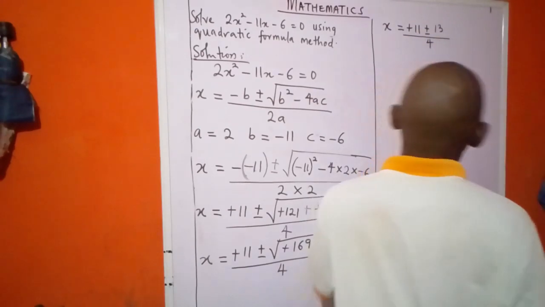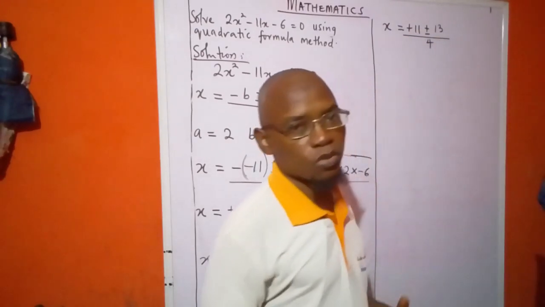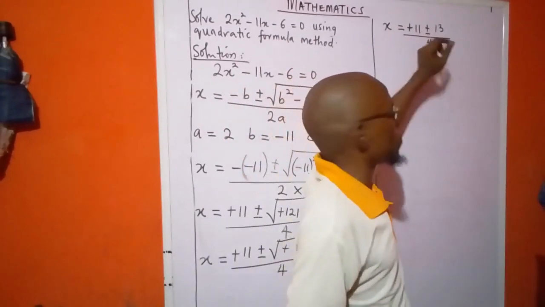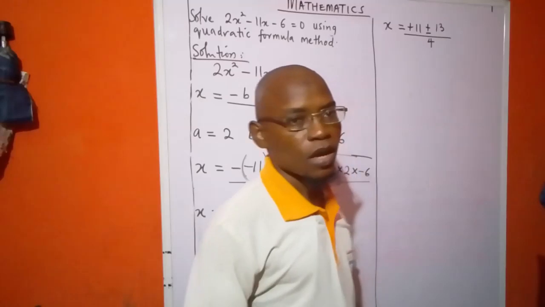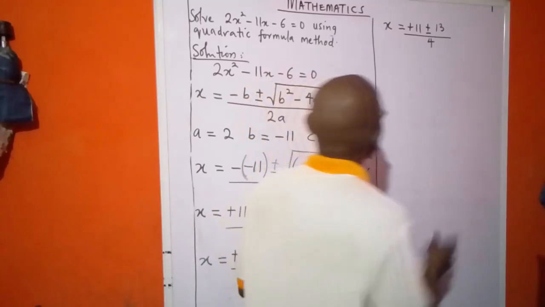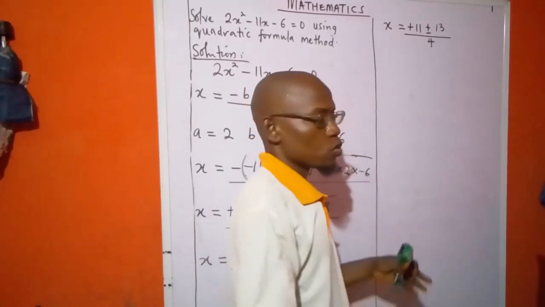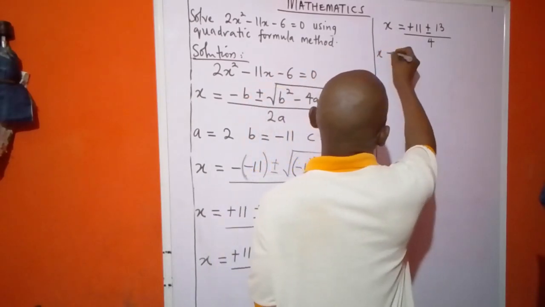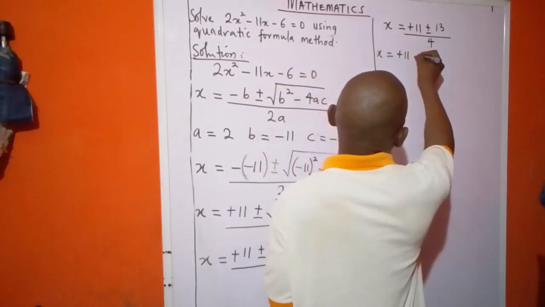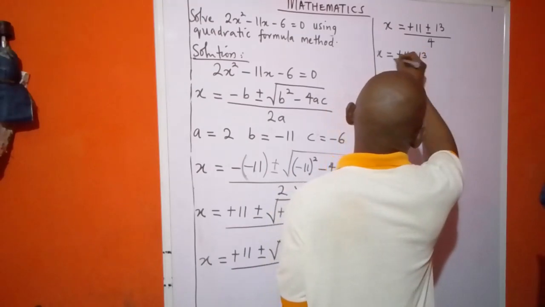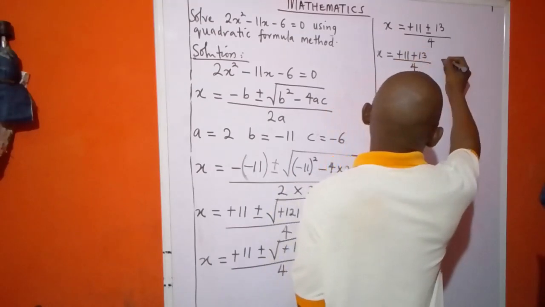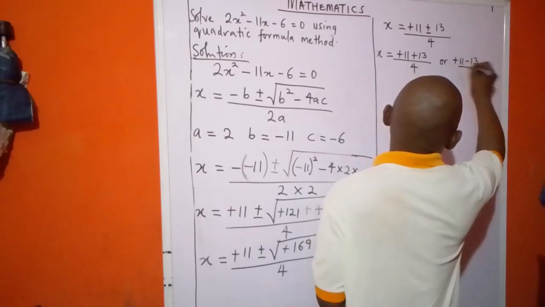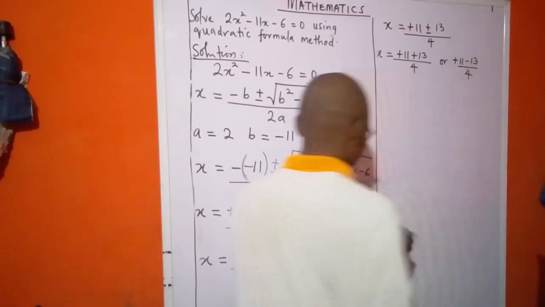Okay, since we already know that for a quadratic equation we are going to be having two roots, that's why these plus or minus are still there. So we break it up, we split it up into 2. So we will now be having x equal to plus 11 plus 13 over 4, or plus 11 minus 13 over 4.